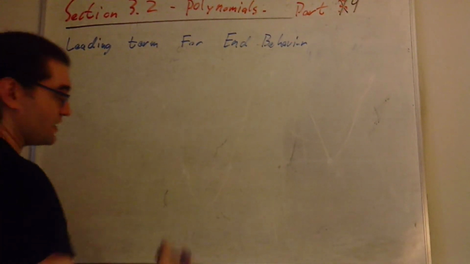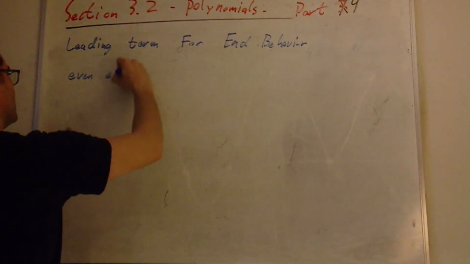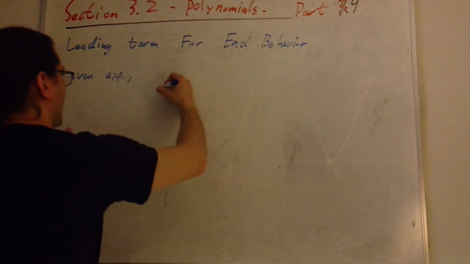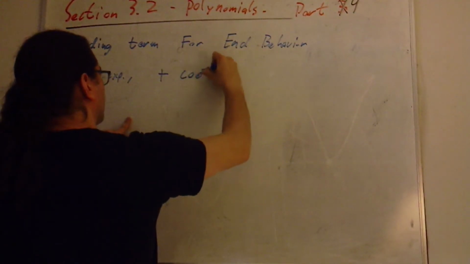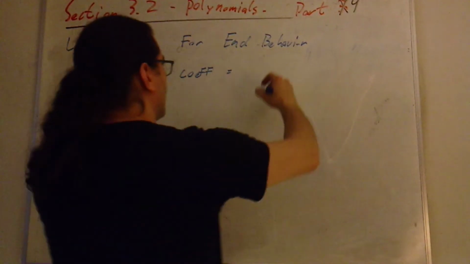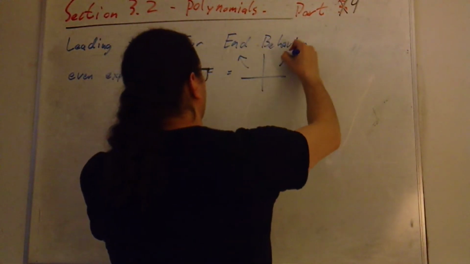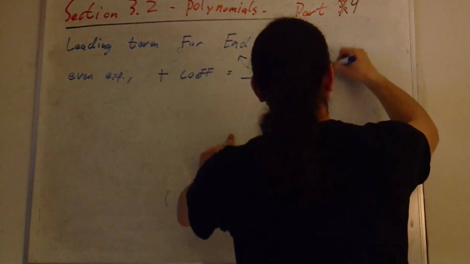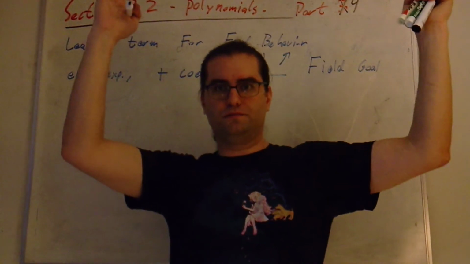The first case we ever looked at was an even exponent and a positive coefficient. And that resulted in what I called the field goal. Up in both directions, like a field goal.